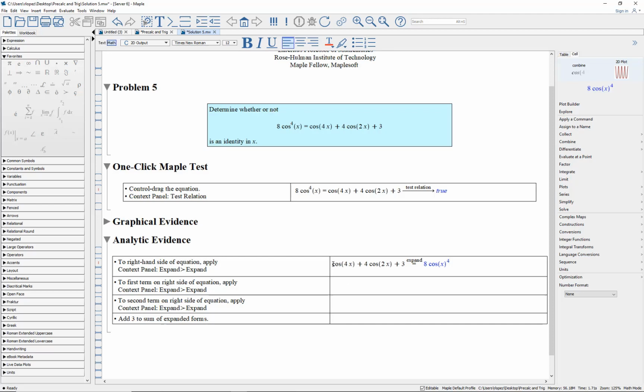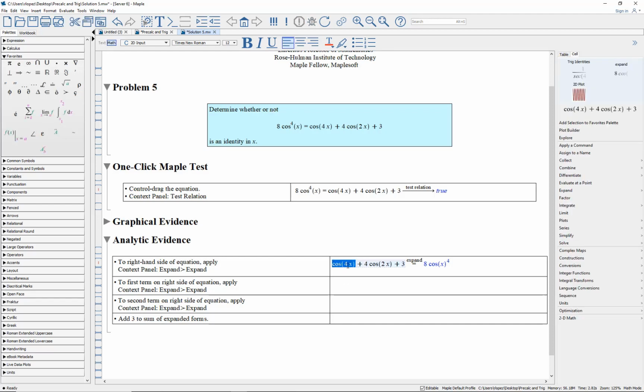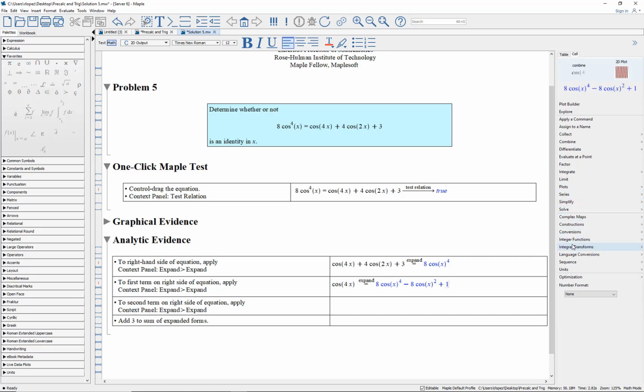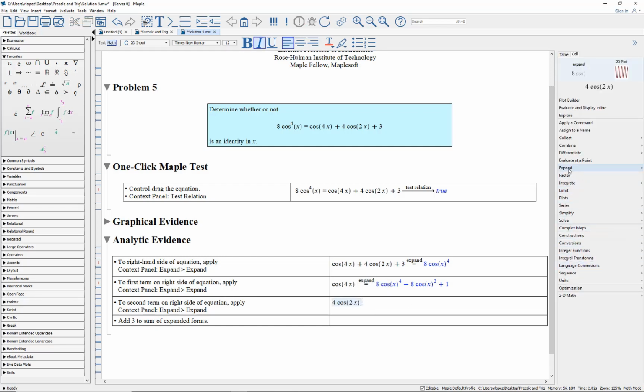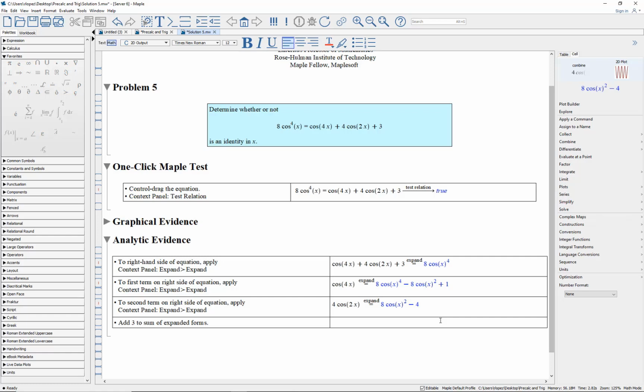So digging a little deeper, we'll take each term separately. Let's expand cosine of 4x. And let's expand the middle term here, 4 cos 2x. And we see that if we add on this plus 3, we have a 1, that's 4, and a negative 4, they add to 0. 8 cosine squared, negative 8 cosine squared, they add to 0.